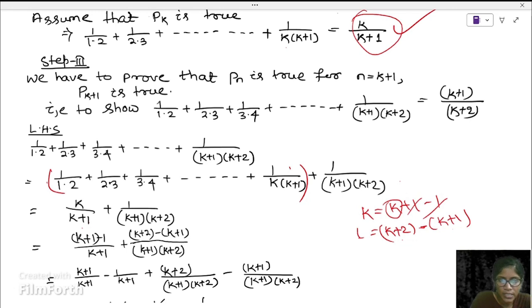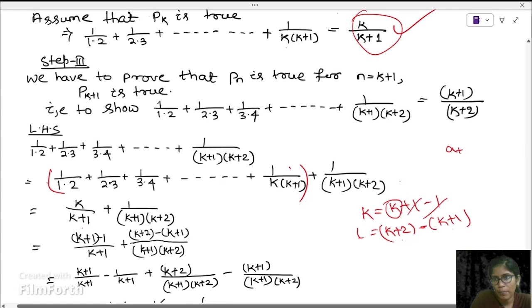Which equal to, we can write by this formula, A plus B by C, we can write it as A by C plus B by C. Which equal to k plus 1 by k plus 1 minus 1 by k plus 1. Here k plus 2 by this minus k plus 1 by this.